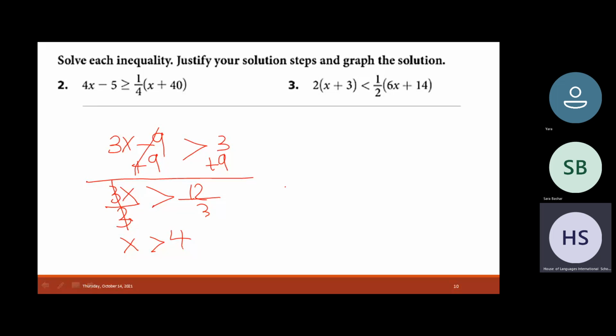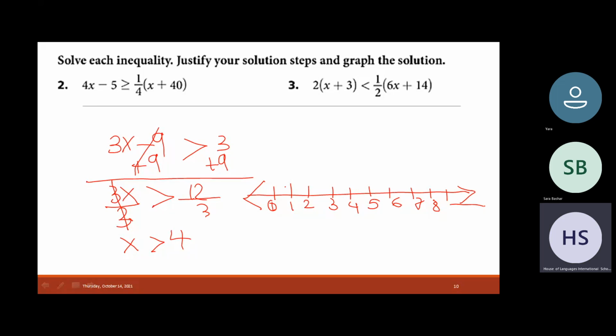Okay? Then how will I represent the solution here? Do you remember the number line? As an example, 1, 0, 1, 2, 3, 4, 5, 6, 7, 8, 9, and so on. Now you have to know something.